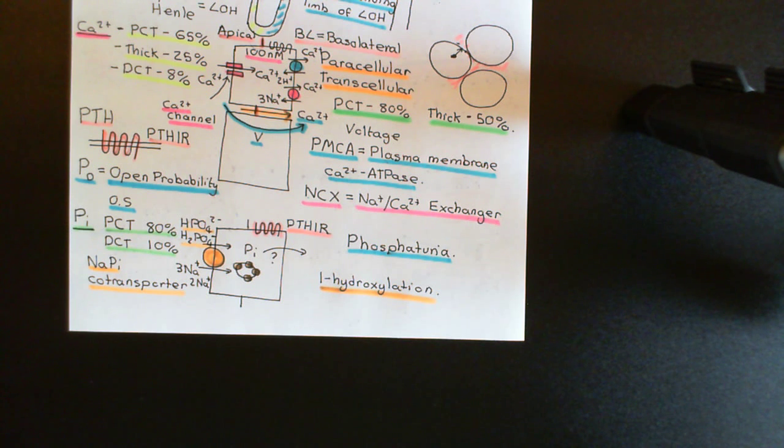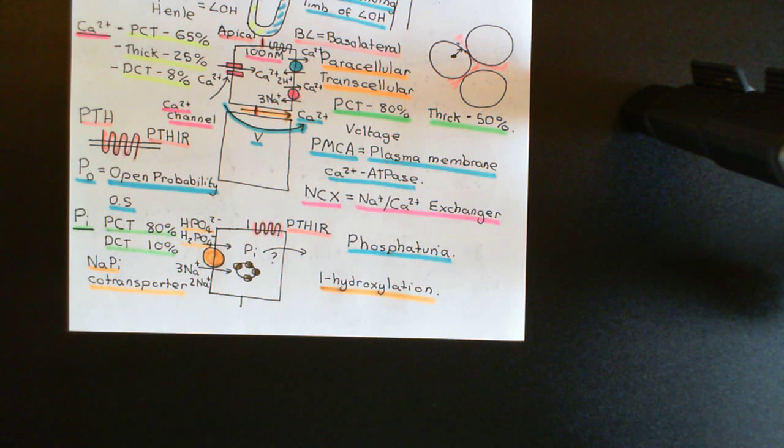And in addition, vitamin D, the active form of vitamin D, 1,25-dihydroxyvitamin D, is also going to go to the gastrointestinal tract and tell it to absorb more calcium next time we eat a meal, and also absorb more phosphate next time we eat a meal, whereas parathyroid hormone won't do that. So that's what I mean by saying parathyroid hormone indirectly affects the gastrointestinal tract by causing the creation of this active form of vitamin D.